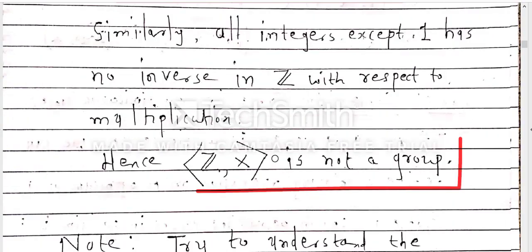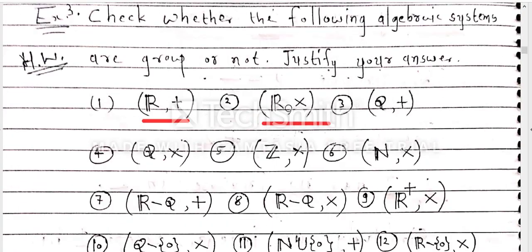So 0 has no inverse in the set of real numbers with respect to multiplication. Therefore, R with multiplication is not a group. Be careful: every non-zero real number has an inverse with respect to multiplication, but we have one element, 0, which has no inverse. You cannot find any y such that 0 into y equal to 1. This means R with multiplication is not a group.